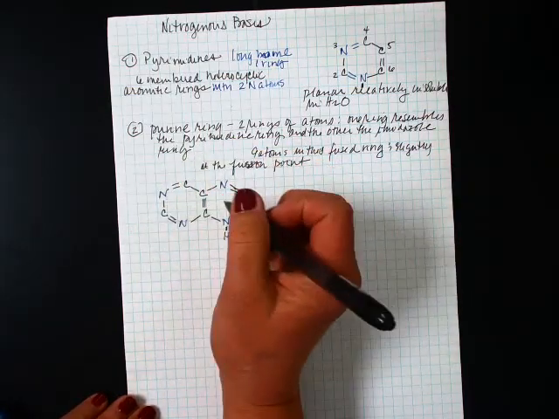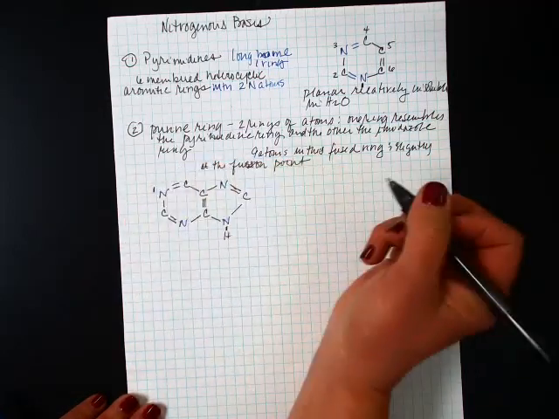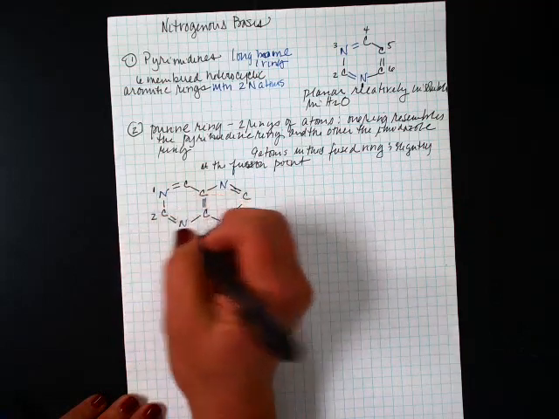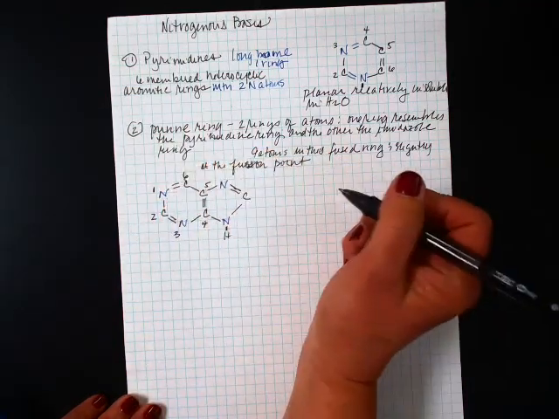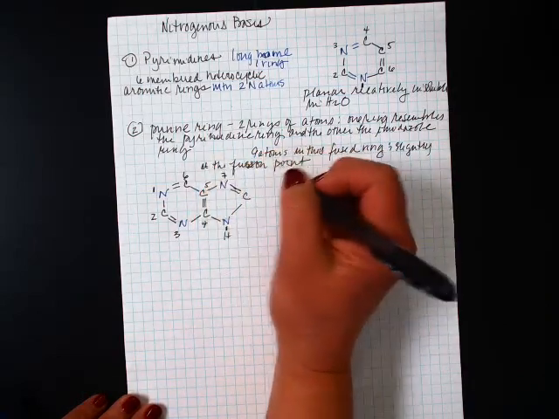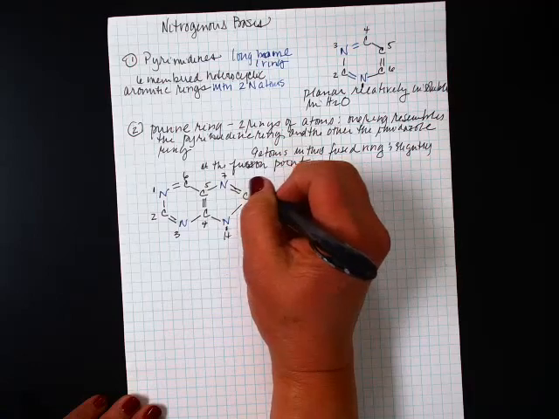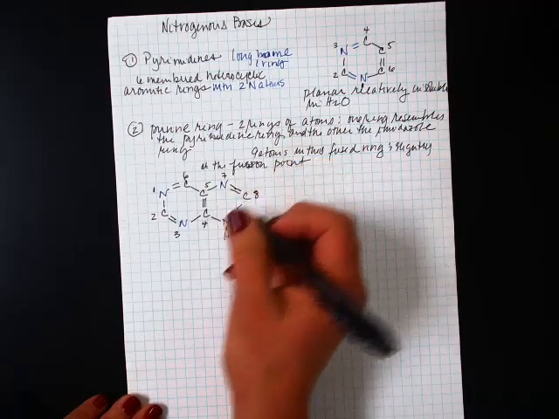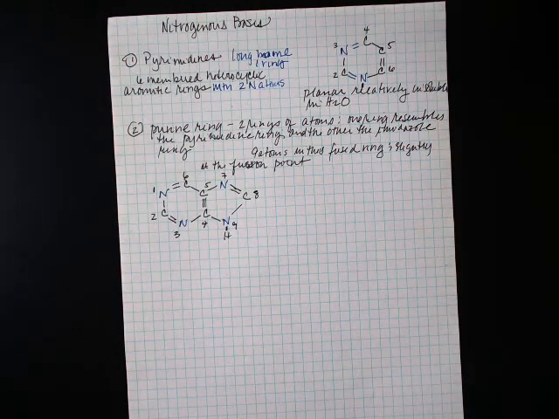Numbering here begins with this nitrogen, goes around this ring till we get to the top, then we jump over to the nitrogen in the imidazole ring, and down to the last nitrogen, which is the 9th atom.